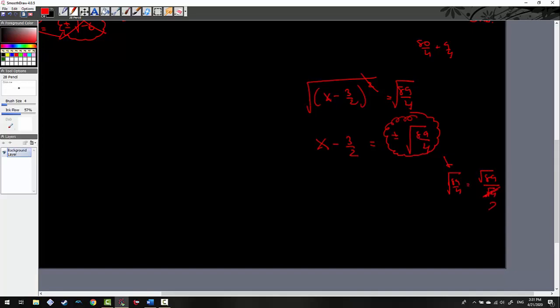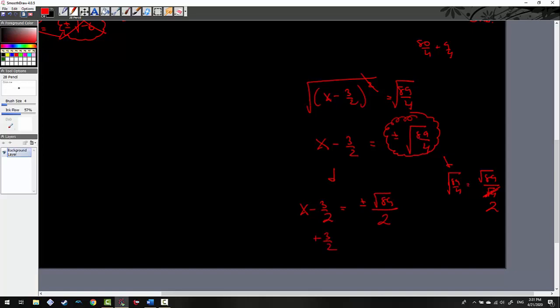This 4 can become a 2. So what I really have here is x minus 3 over 2 is equal to plus or minus just the top, square root of 89, all over a 2 that has been freed from the square root.